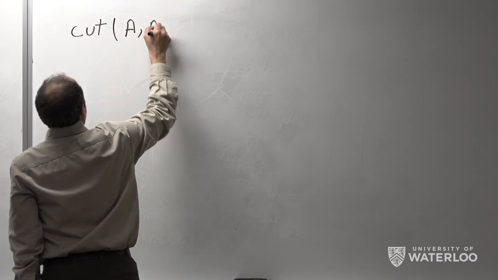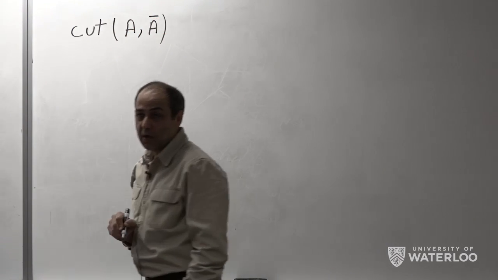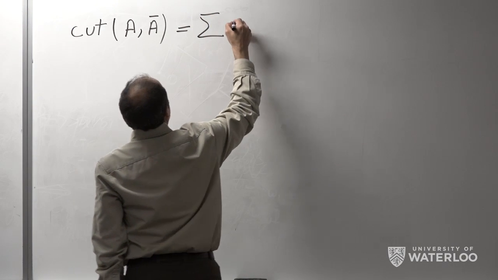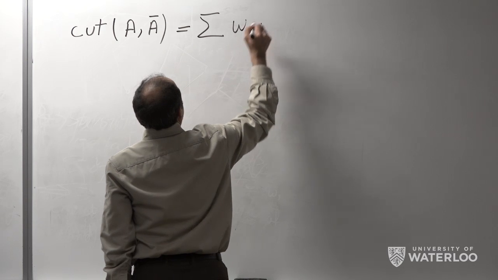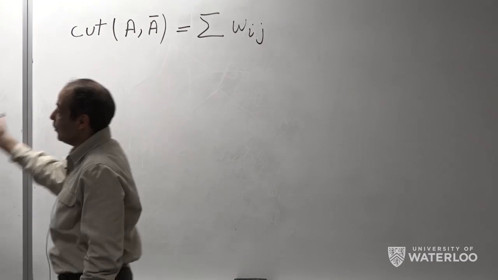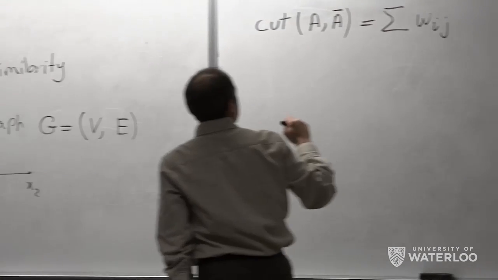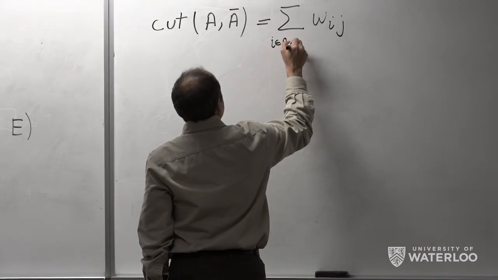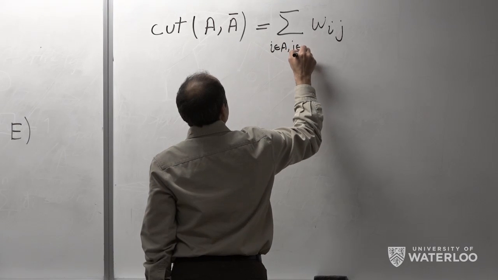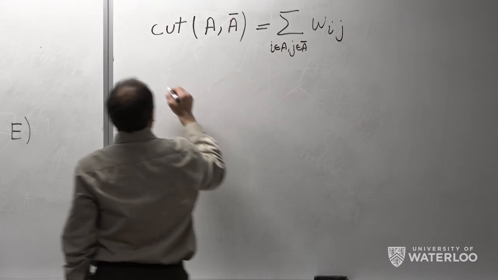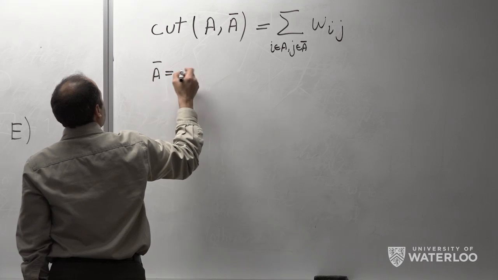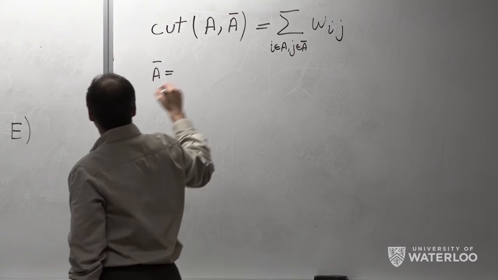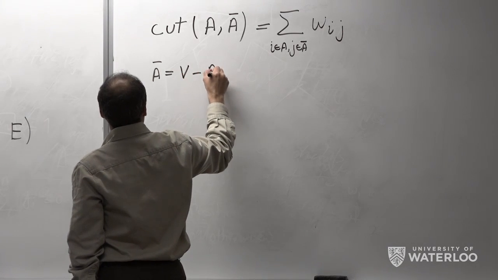Cut of A and A bar is the summation of Wij, where W is the weight of each edge, such that i comes from set A and j comes from set A bar, and A bar is basically the set of nodes here minus A.